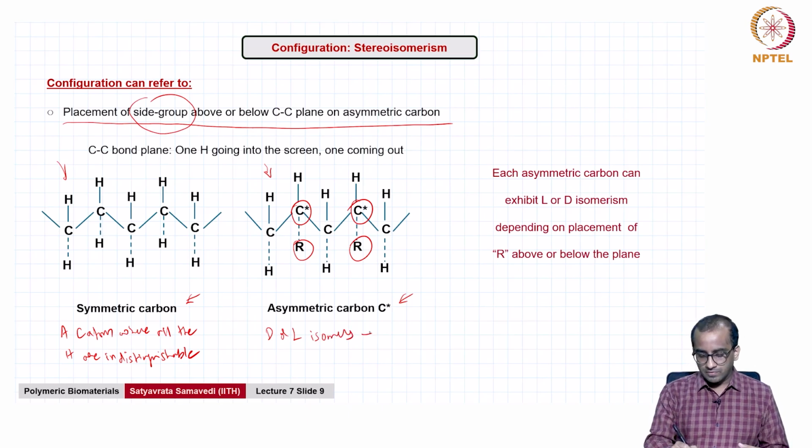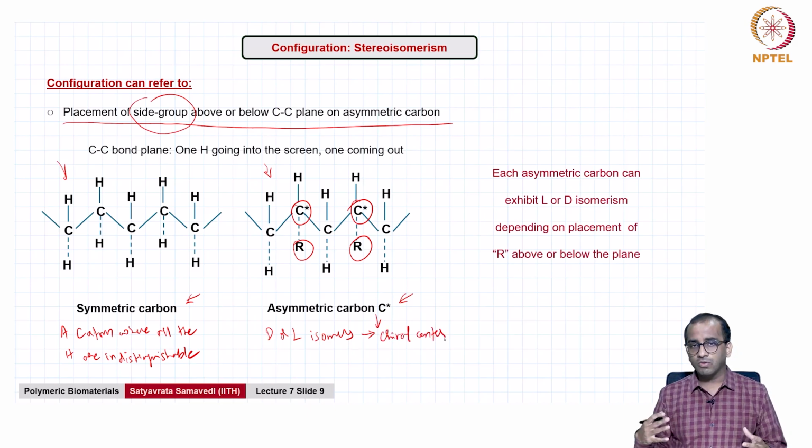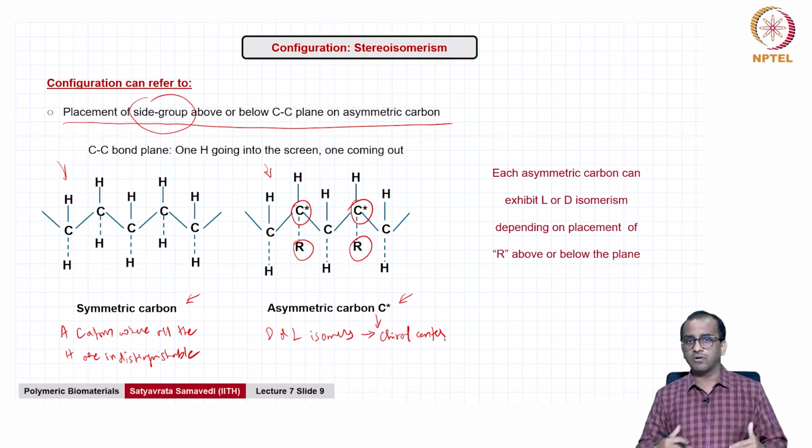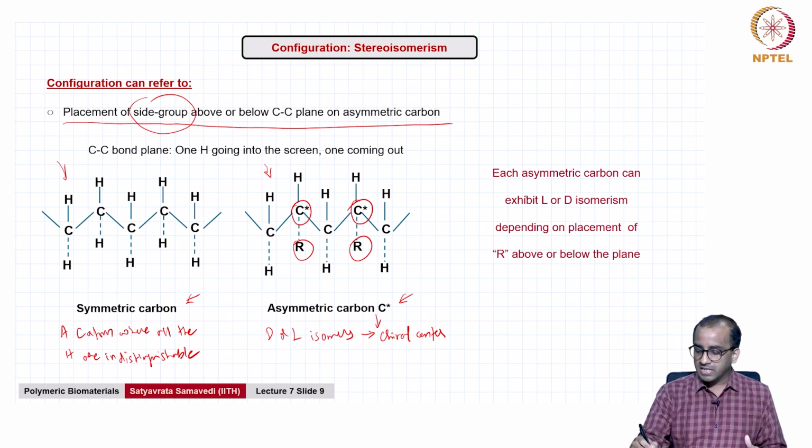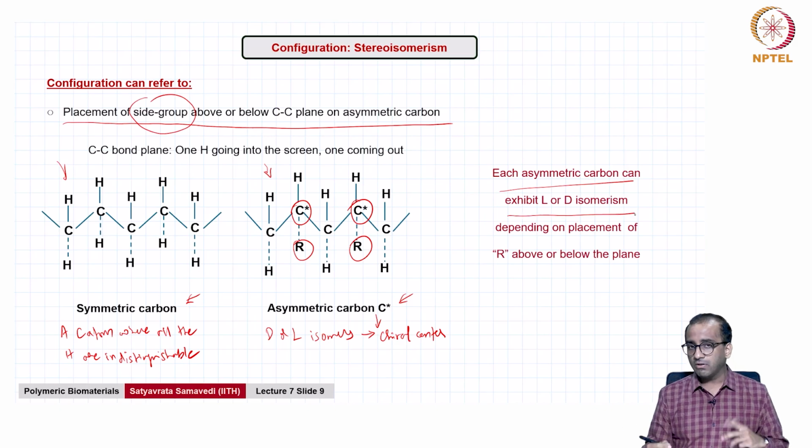This is also called a chiral center. It has to do with how light interacts with these forms differently, whether it is placed above or below. So, each asymmetric carbon can exhibit L or D isomerism depending upon the placement of the R group above or below the plane, or in this case out or into your screen.